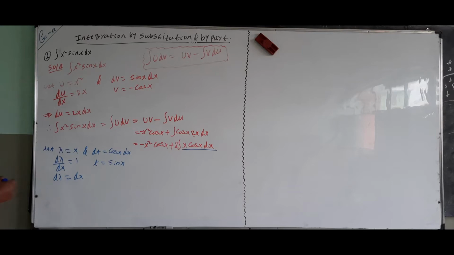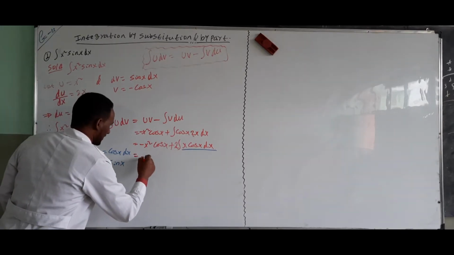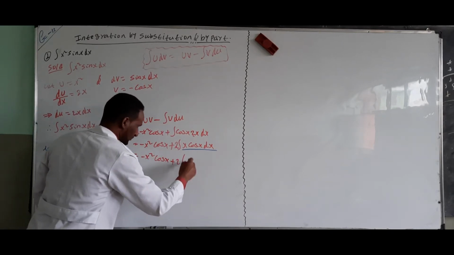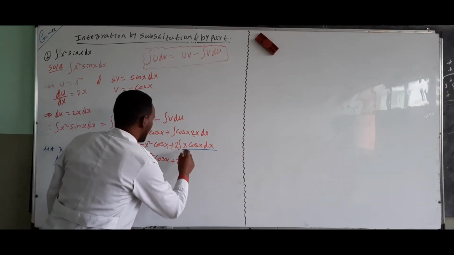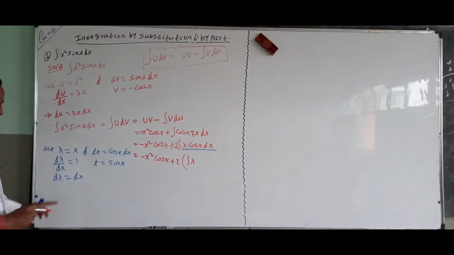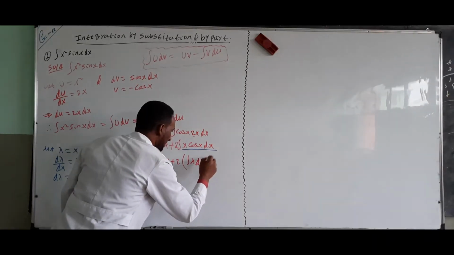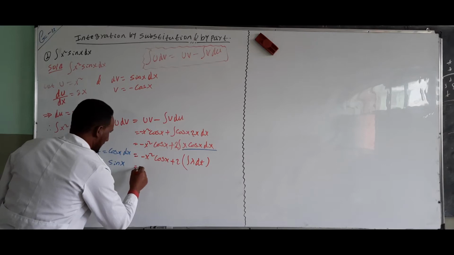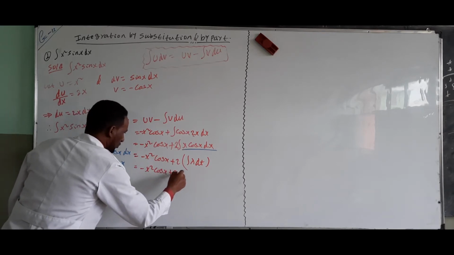Therefore this becomes negative x square cos x plus 2 times the integration of x, meaning lambda, cos x dx, meaning dt.